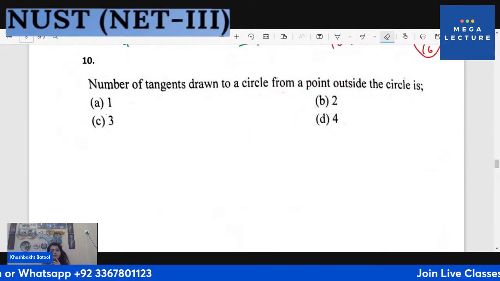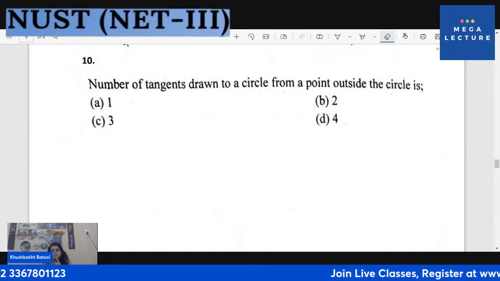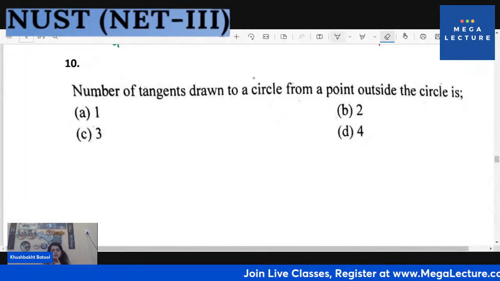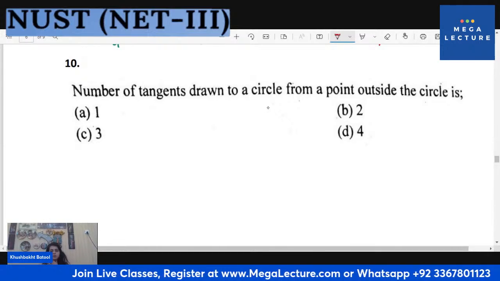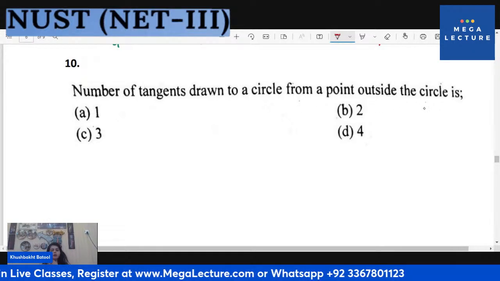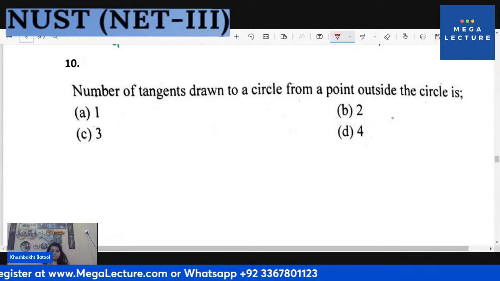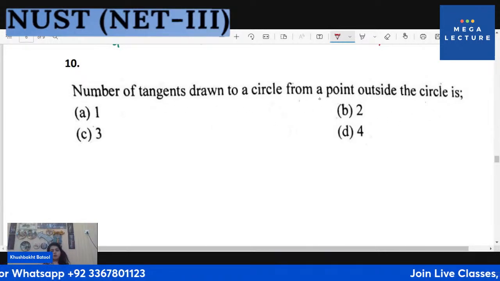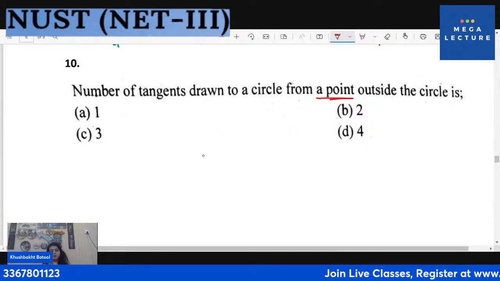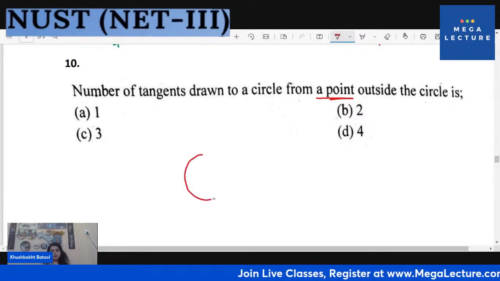Alright, let's talk about the next question. The next question says the number of tangents drawn to a circle from a point outside the circle. So imagine we have a circle over here.